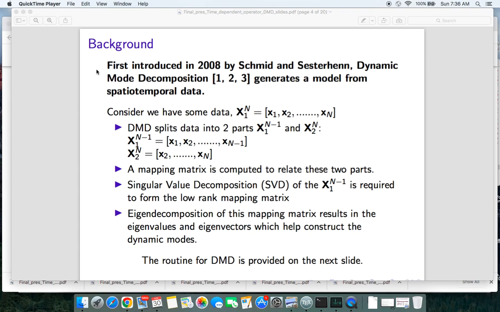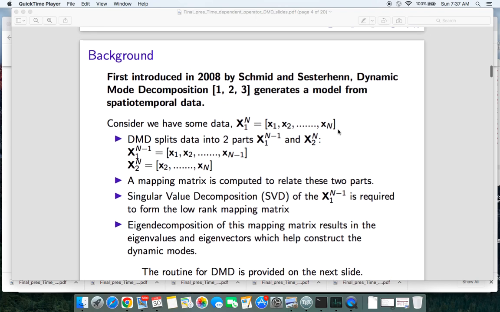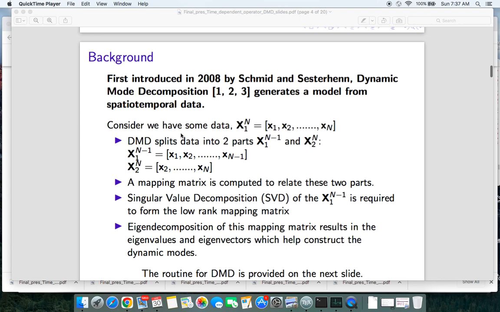Here is the background on dynamic mode decomposition. First introduced in 2008 by Schmid and Sirovich, dynamic mode decomposition generates a model from spatiotemporal data. Let's consider that we have some data in the form of a matrix, capital X sub 1 to n.